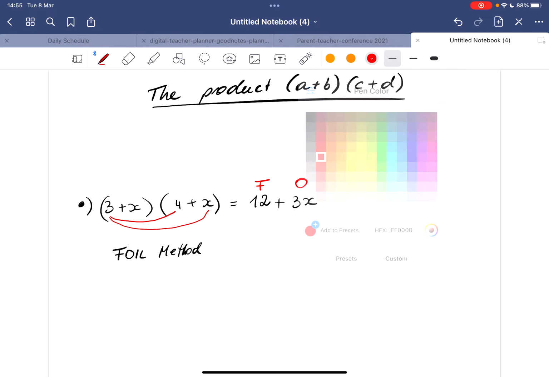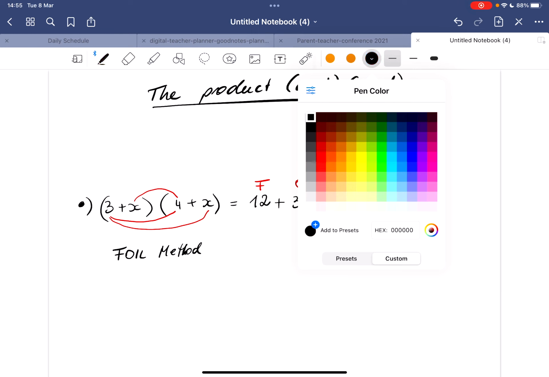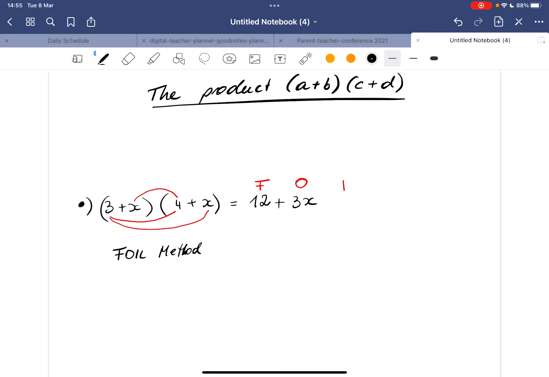Then the I stands for inside, so the two inside terms are the next two to multiply. x times 4 gives me 4x. Again, this term is positive and this is positive, so I need to put a plus here.